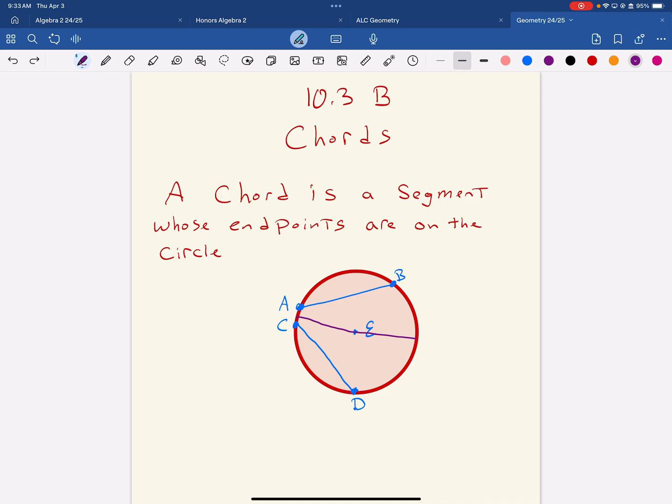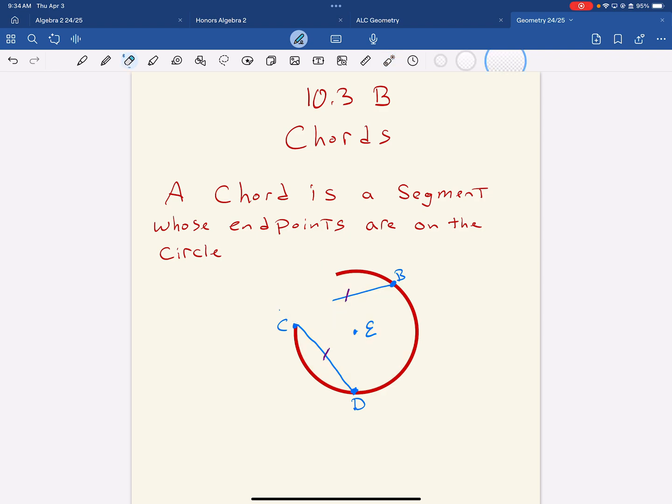Now, there are a bunch of different theorems that go along with chords. There's lots of them. You don't really need to write these down because we're not going to do too much with these, especially today. So don't write this down, but just some basic information. If these two chords are congruent to each other, you'll notice that the chords create arcs.